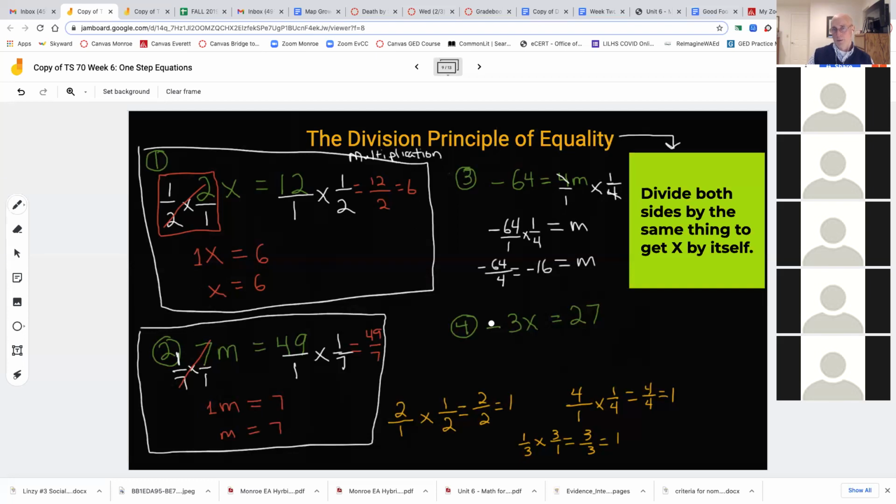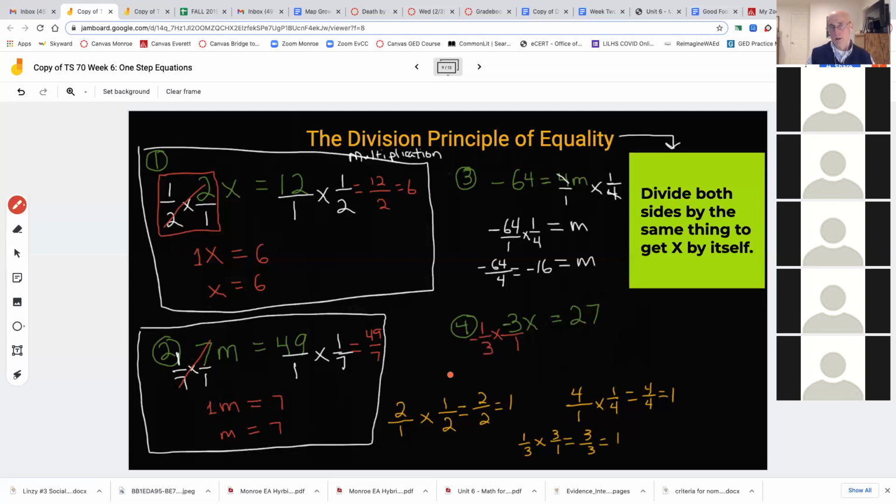So if I multiply this negative 3x, you guys know that a negative times a negative is a positive, right? So let's just say I decide I'm going to multiply this negative 3 over 1 times the reciprocal, which would be negative 1/3.